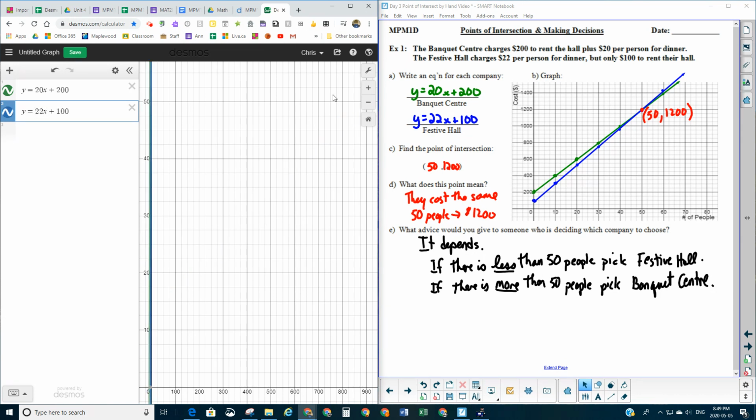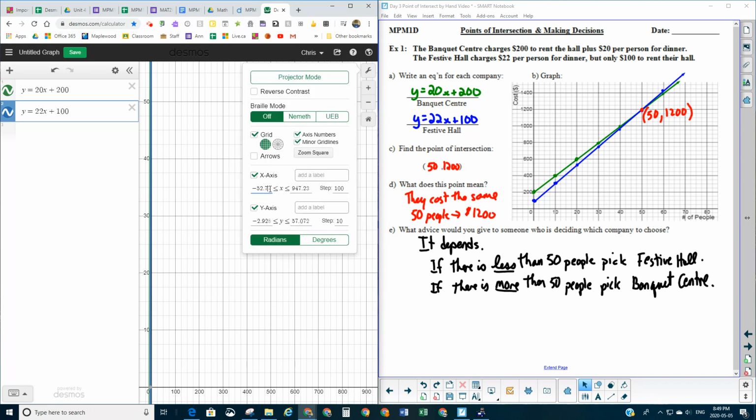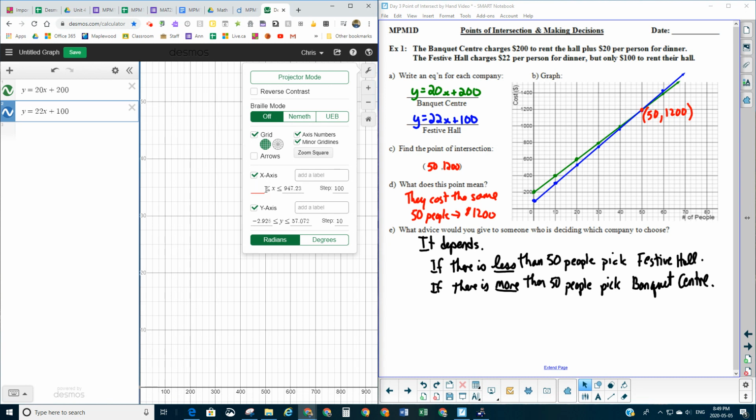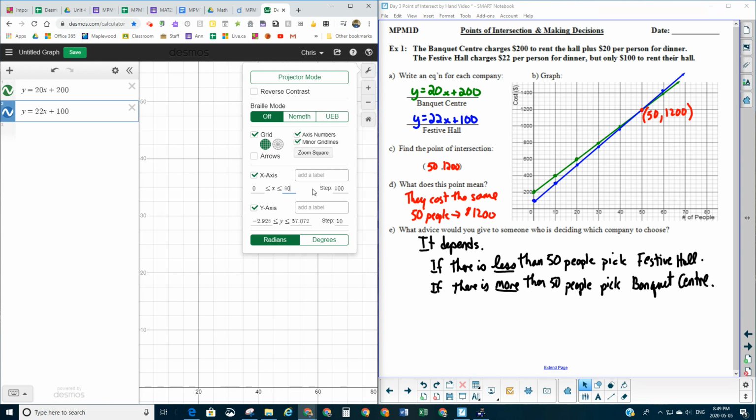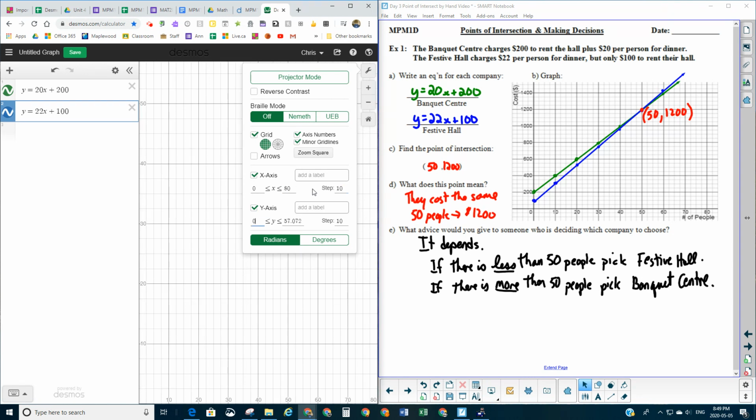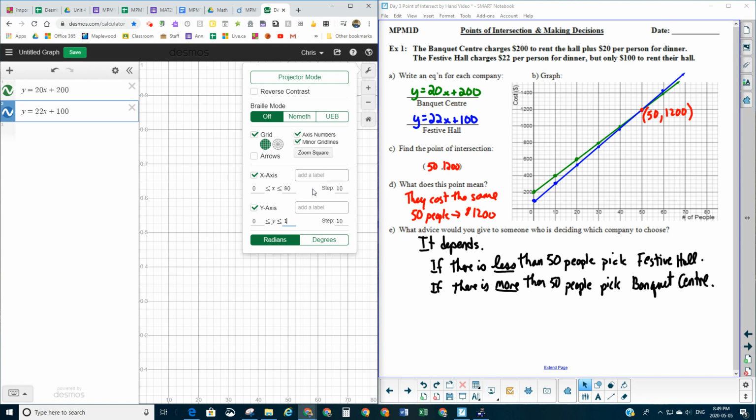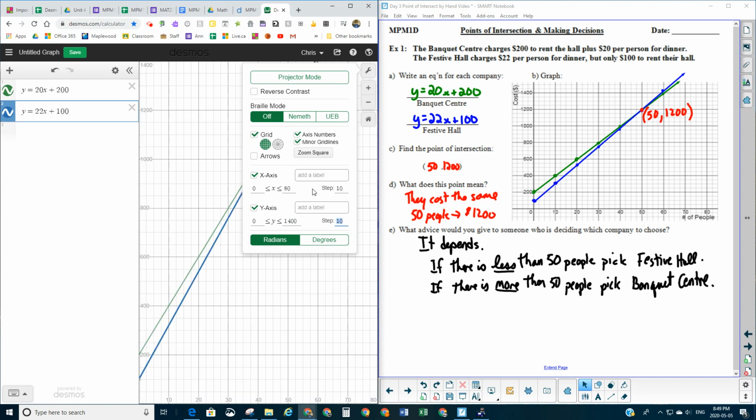Now, of course, my scale is all out of whack again, so I'm going to go back here and change this from 0. Now, for number of people, it has gone up to 80. So let's go up to 80, and I'm going in steps of 10. And then my y-axis is starting at 0 and going up to 1,400 in steps of 200.